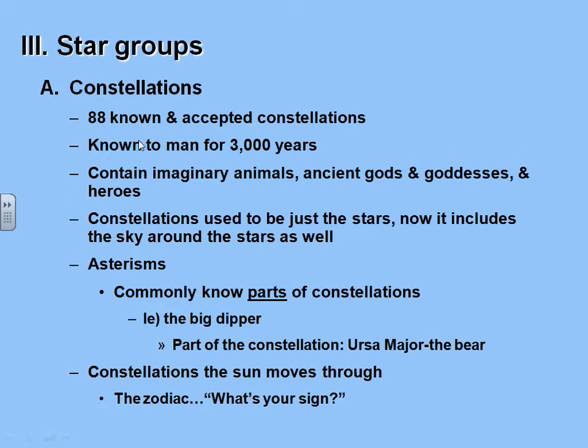So with constellations, one of the things you might be aware of is, what's your zodiac sign? Well, I happen to be a Gemini. I was born on June 7th in 1970, and I'm a Gemini. My question is, what's your sign? Most all of you know what your sign is.